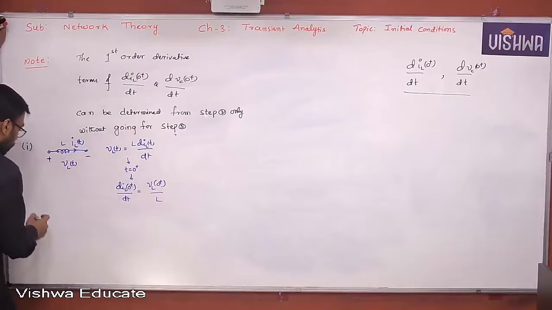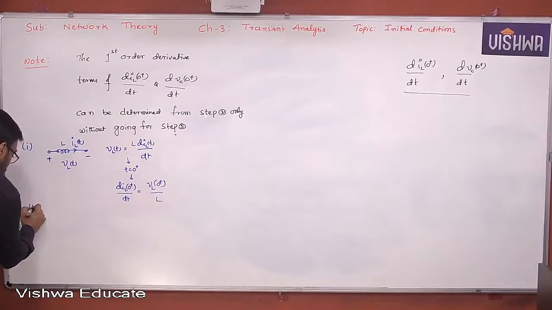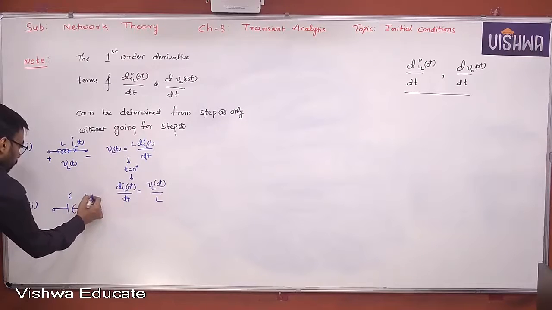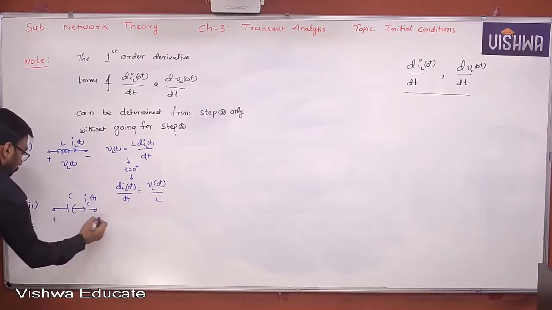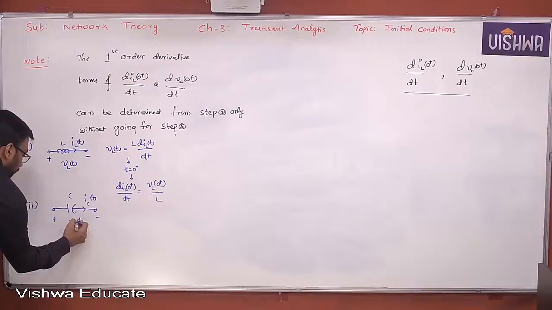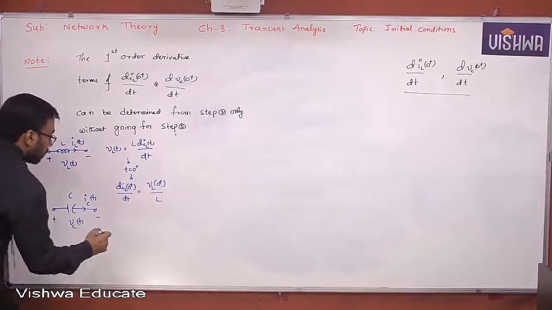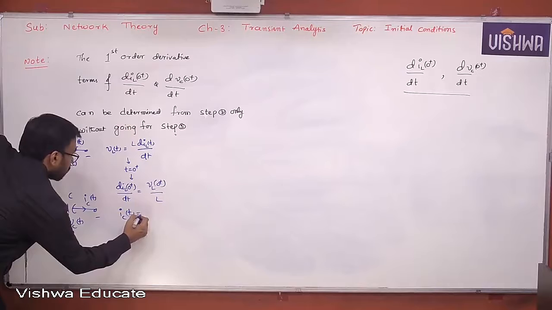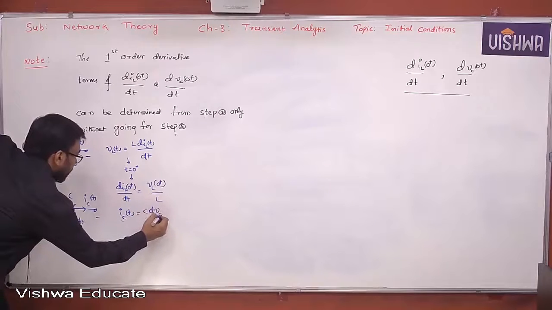Now the second one is Vc of t. Now what do you get here? Ic of t is equal to C dVc of t by dt.